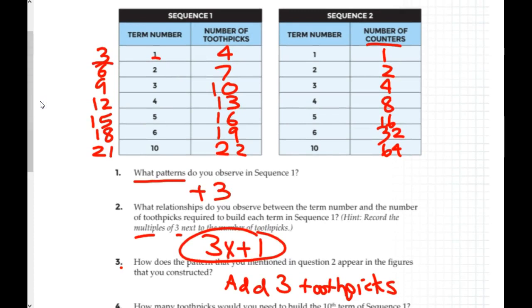So they're talking about 2 to the 1 power, 2 to the 2 power, 2 to the 3 power, 2 to the 4 power, and so on. So 2 to the 1 power is what?